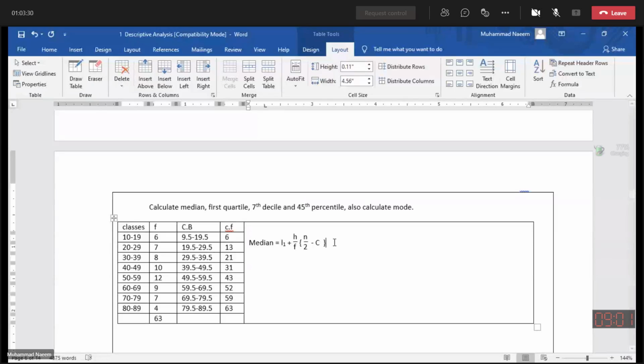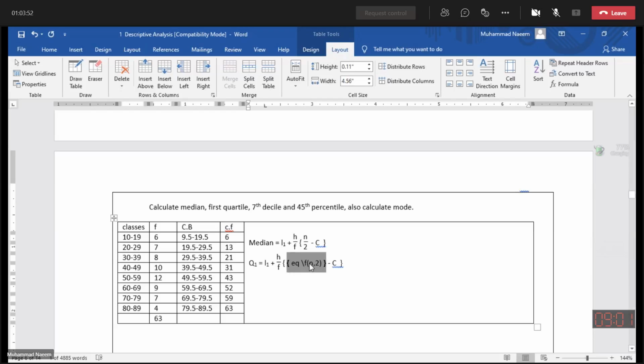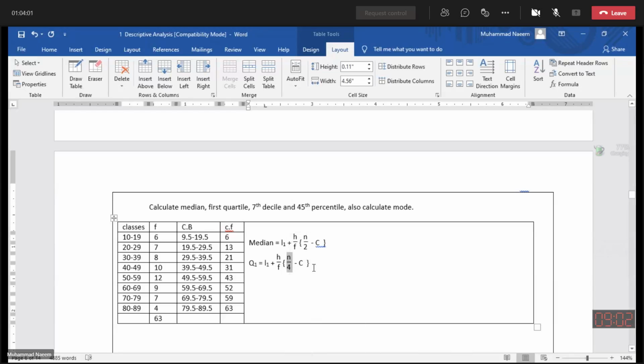And also we need Q1. So formula for Q1 is almost the same. We will have n by 4 here. Rest of the formula is the same.